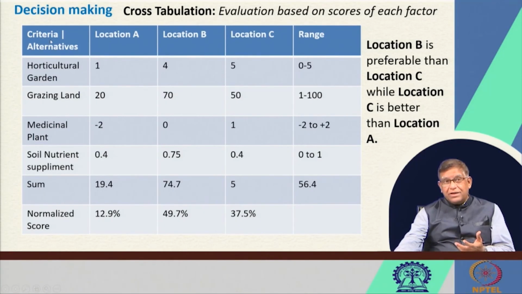Now as a decision maker, you need to find out which will be the best among all these possibilities. So what is done? This is a method called cross tabulation. In cross tabulation, you put in these numbers and take the sum of them.